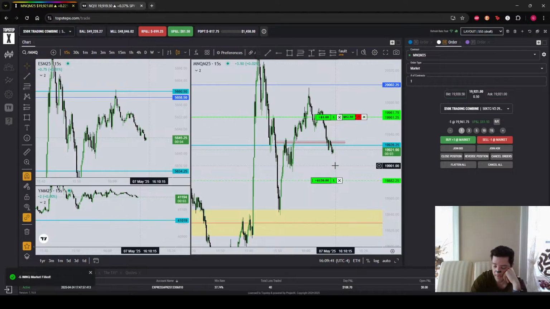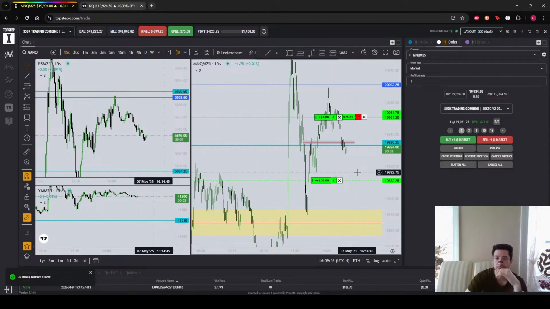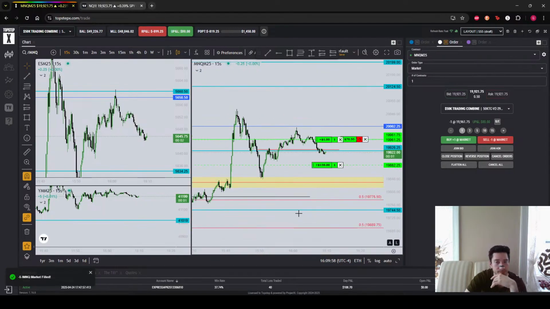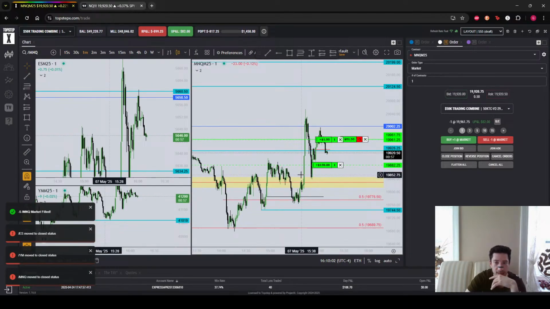But what it can do is jump higher on me. Yeah, just an annoying type of action, non-logical action. Like if it was gonna drive that low, yes, move to close status.